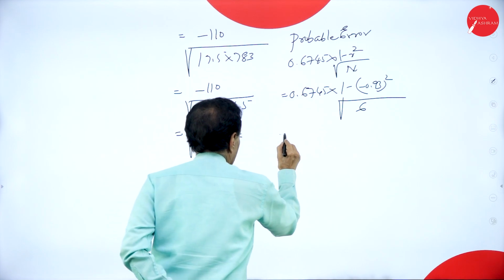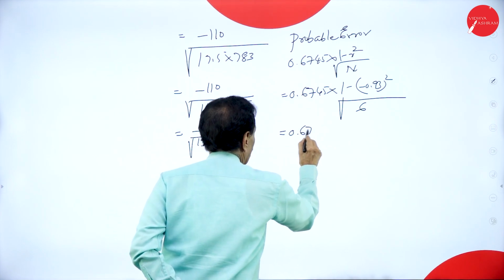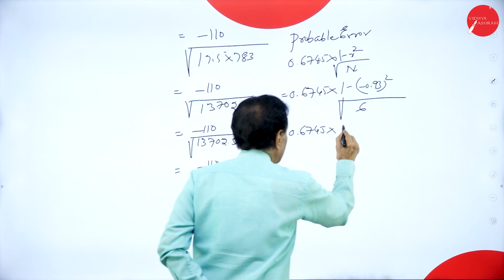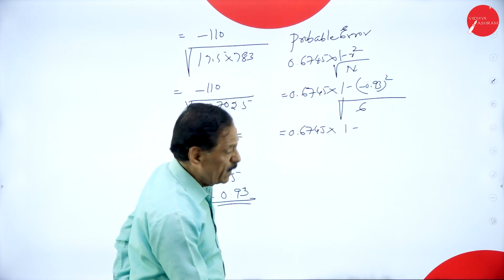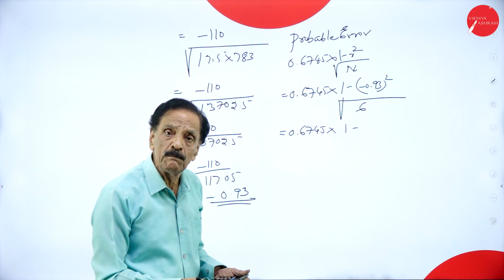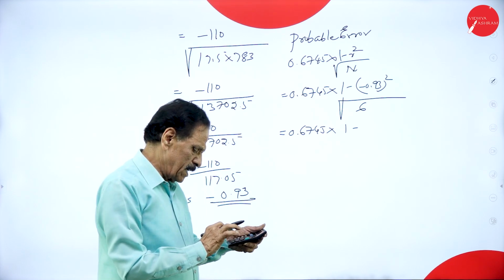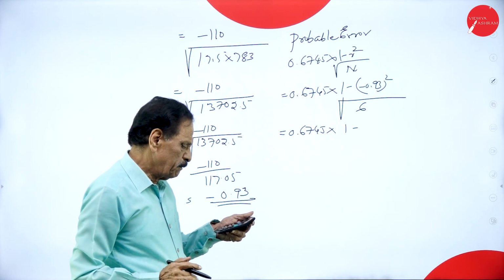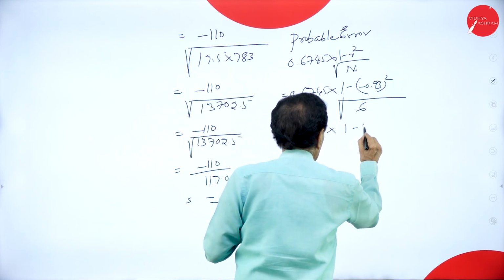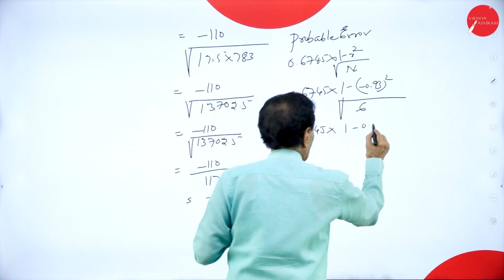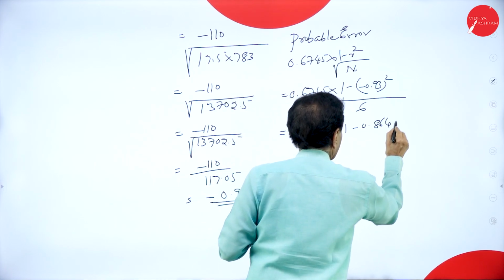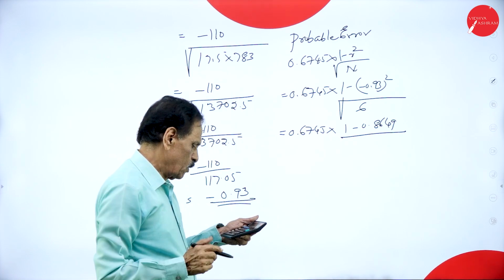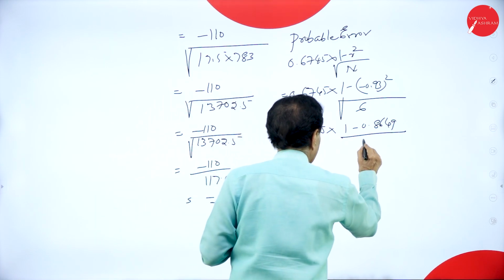This is 0.6745 into 1 minus 0.93 into 0.93. Minus into minus becomes plus. 0.93 into 0.93 is 0.8649, divided by root of 6, 2.449.